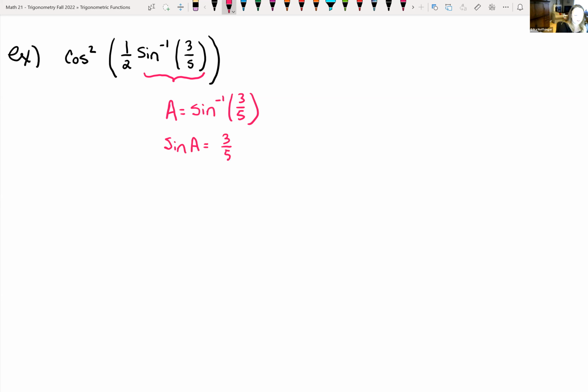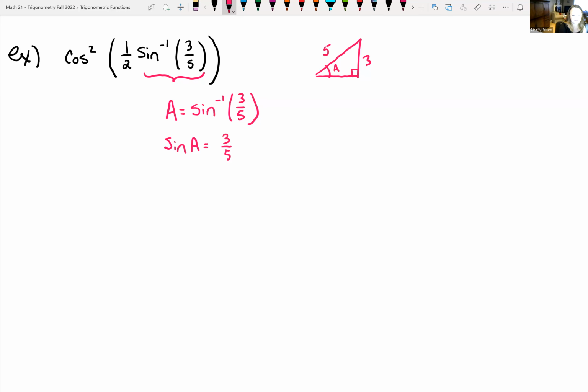So creating our right triangle, if we put A down here in that left corner of the triangle, sine is opposite, which is 3, over hypotenuse, which is 5.